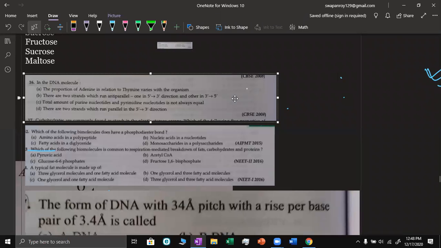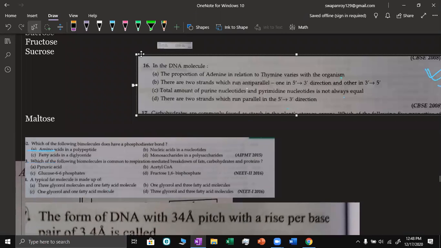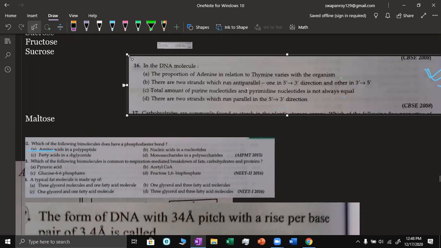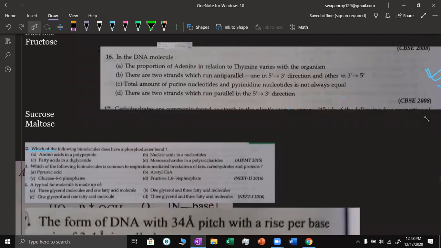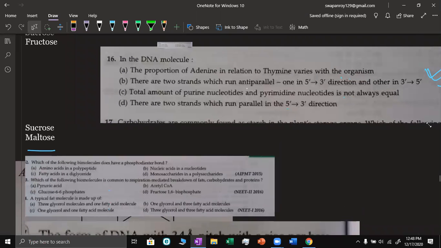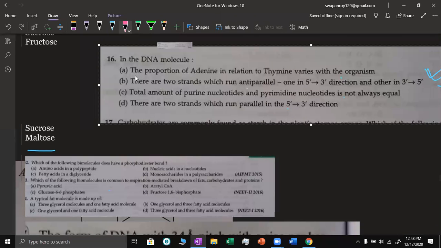Another question. In the DNA molecule, option A, the proportion of adenine in relation to thymine varies with the organism.